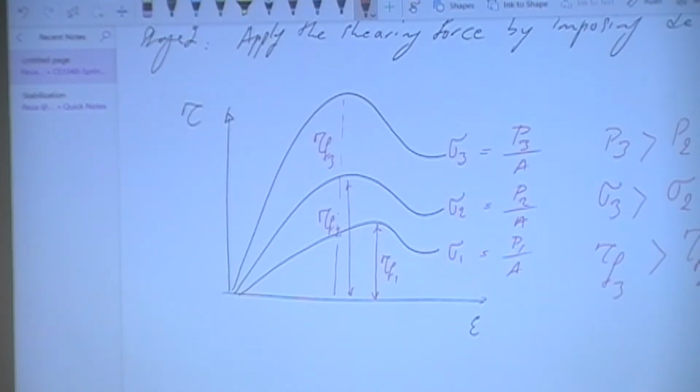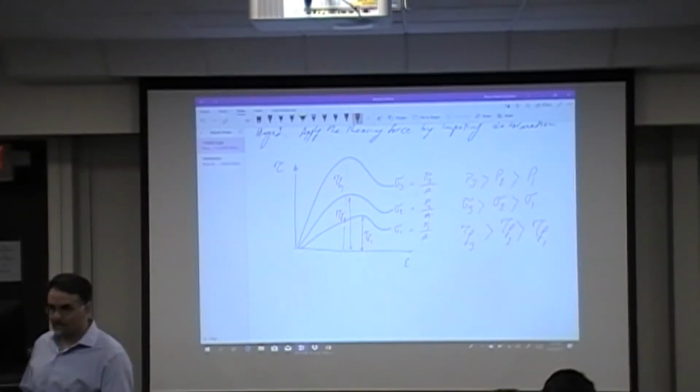So I'm looking at the shear stress versus shear strain in this plot, obviously. What is the peak of the stress strain curve? The peak of this stress strain curve is called, from mechanics of materials, the strength of the material. This is your strength. That's the reason that I put that as tau sub f.